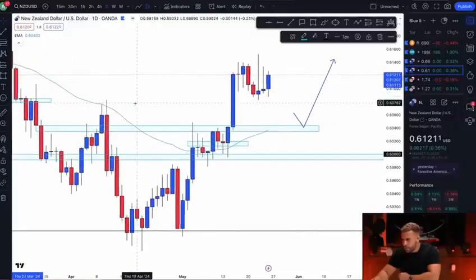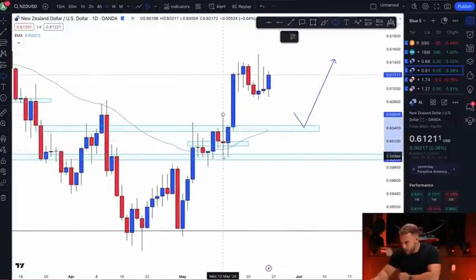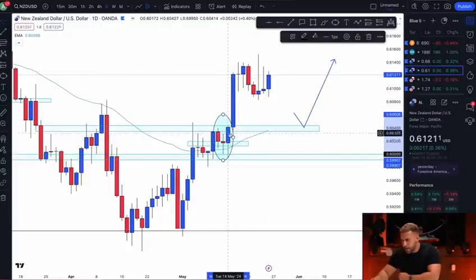So this right here would be a perfect example of a bullish engulfing candlestick pattern. You can see how this blue candlestick has engulfed the last one or two candlesticks, confirming that this direction is now going to head to the upside.